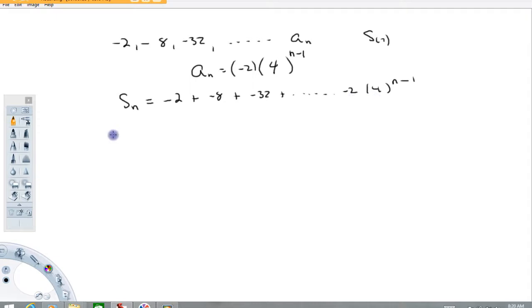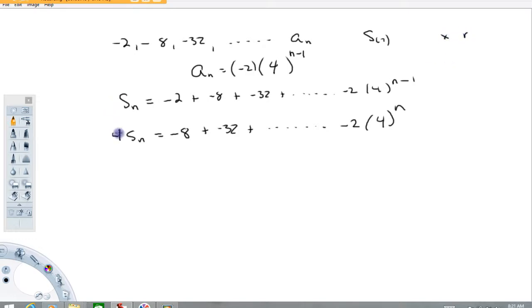Multiply by r, so this is going to read 4 times s sub n equals -8, coming from multiplying that by 4. Multiply that one by 4, -32. I'll just put dot dot dot. Multiplying this by 4, -2 times, and when we multiply this by 4, it becomes 4 to the n.